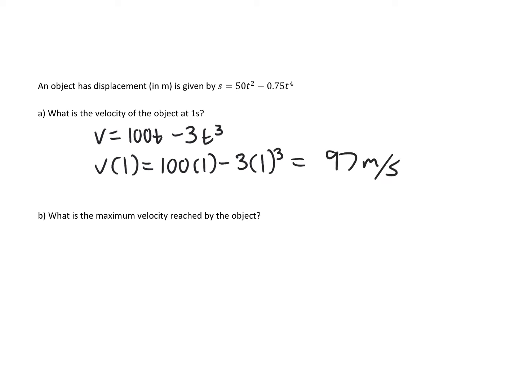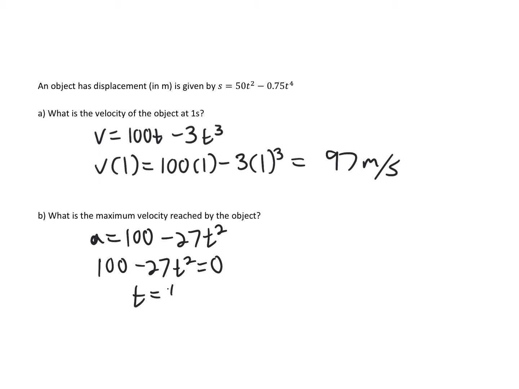Now to find the maximum velocity, we need to take the second derivative. Maximum height is when the velocity is 0. Maximum velocity is when the acceleration is 0. So we take the second derivative, which is 100 minus 27 t squared. We set this equal to 0 and solve for t, which will give us plus or minus 1.9245.